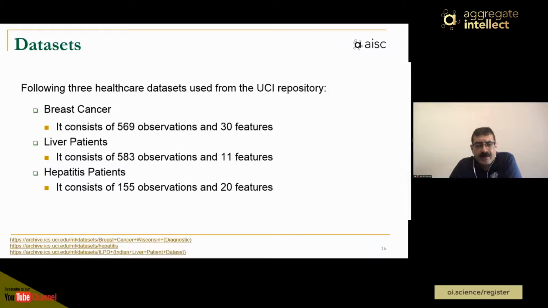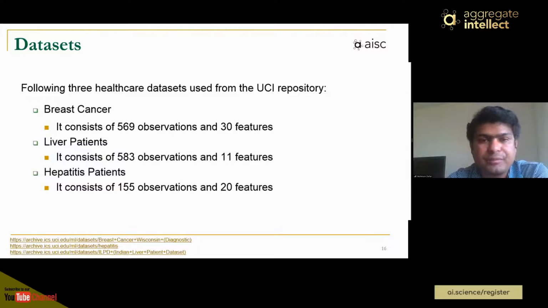We use these three data sets to compute the results. The first data set we used from the UCI repository was breast cancer. It consists of 569 observations and 30 features. The second data set we used was liver patients, which consists of 583 observations and 11 features. The third is the hepatitis patients data set.